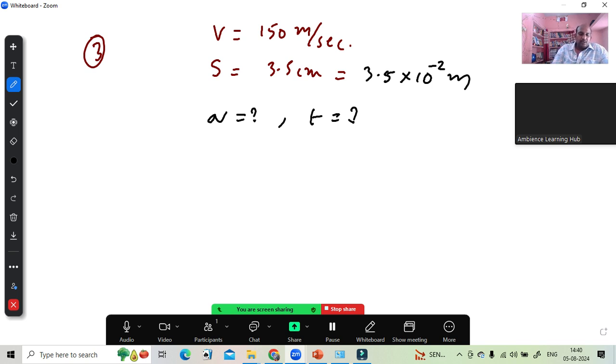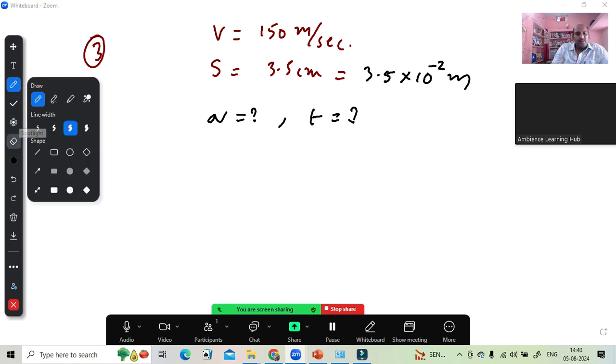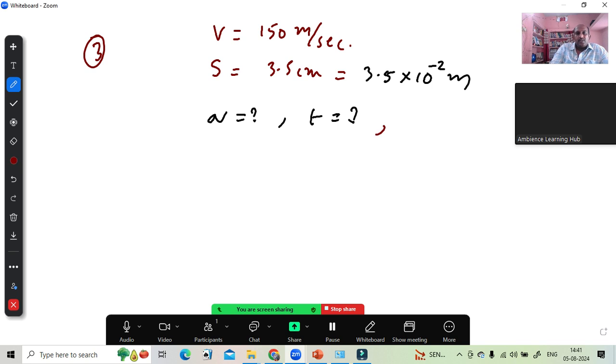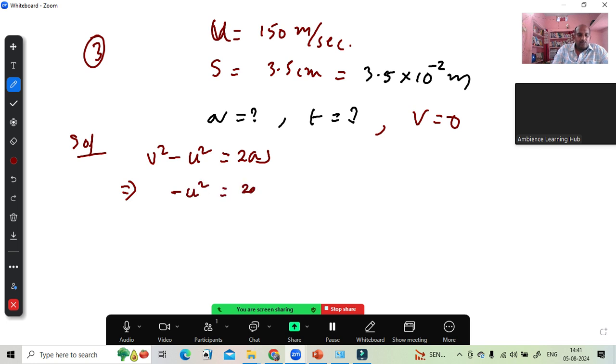So let us use this formula. After the bullet strikes the tree, it comes to rest. So initial velocity u is equal to 150 meter per second, v is equal to 0. So we have v square minus u square is equal to 2as. Here v is 0, so minus u square is equal to 2as.